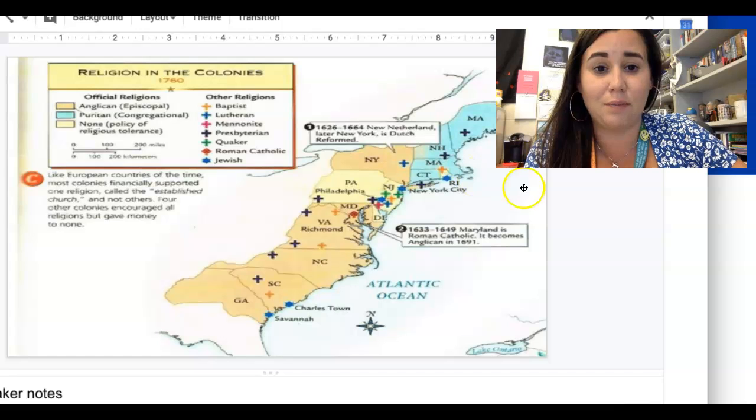All of these different symbols show us pockets of concentration of other religions. So these would be other Protestant groups. Obviously, we see some Catholics, primarily in Maryland, and we also see some people of the Jewish faith spread throughout the colonies.